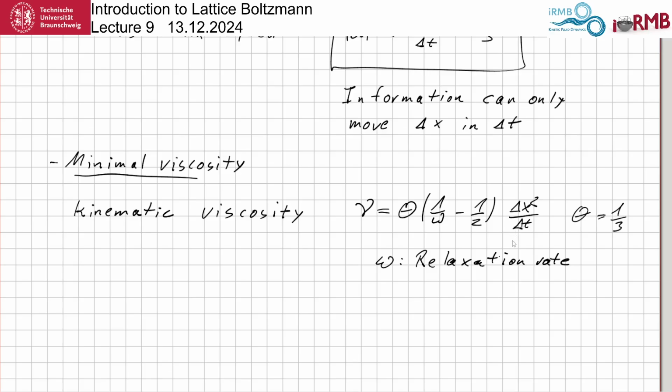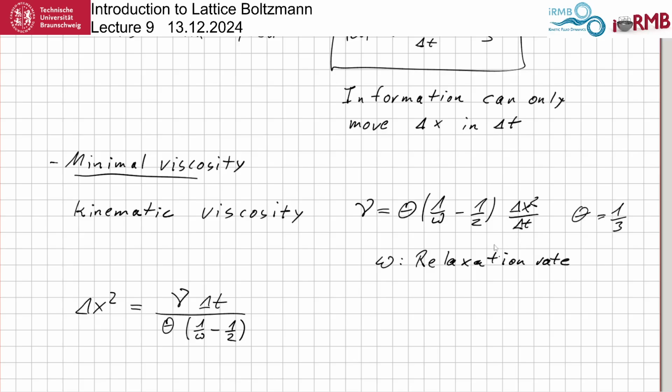Because you can solve this for delta x squared in this sense. This is your viscosity times delta t divided by theta times 1 over omega minus 1/2. So given a viscosity and given a delta t, we can choose a delta x by varying omega.